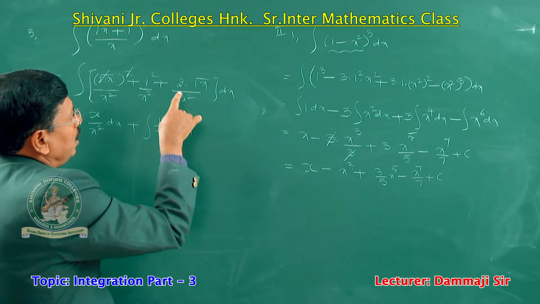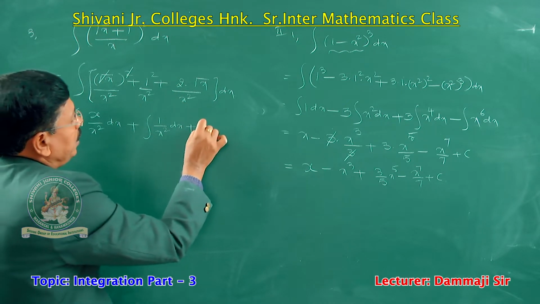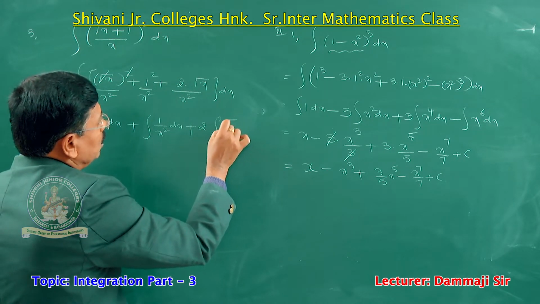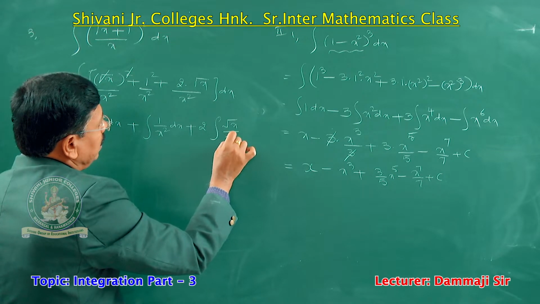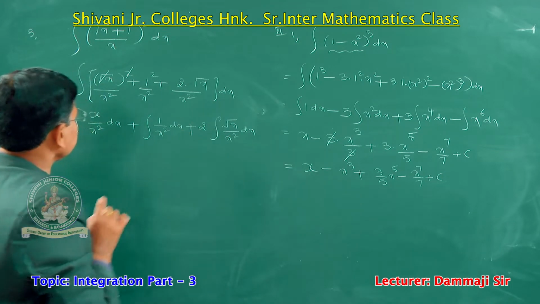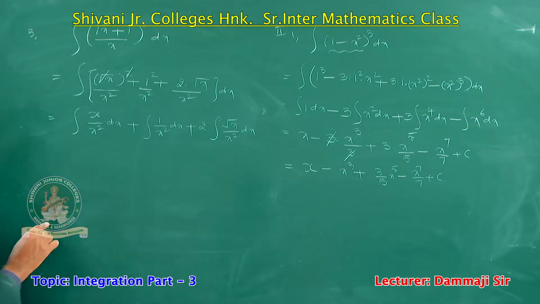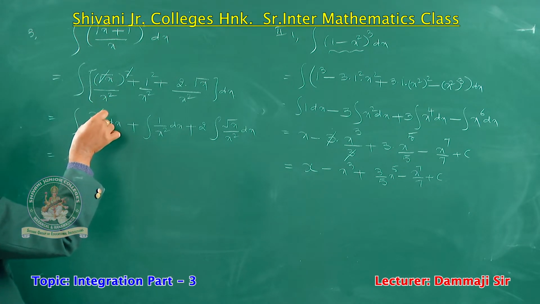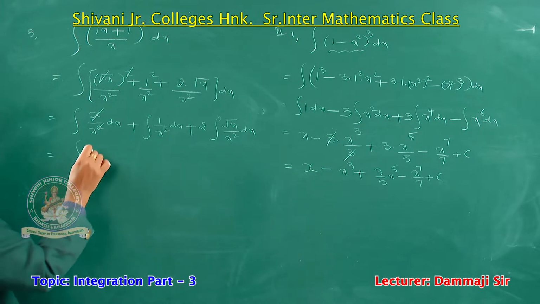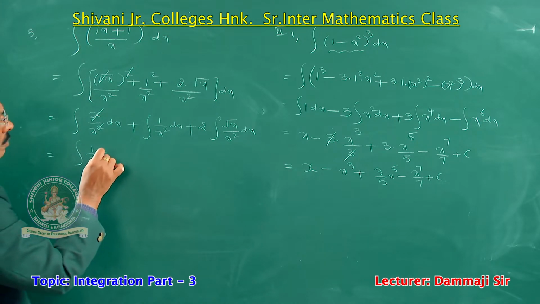Next one, 2 into integral of square root of x by x square. We can apply the integration to each and every term. One more step, we can simplify that: one of the common factors gets cancelled and we get the result 1 by x.